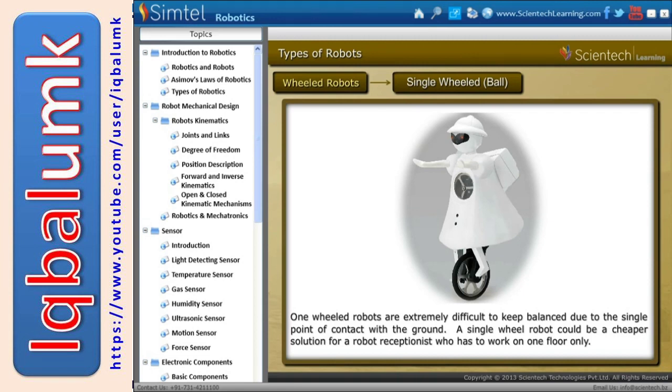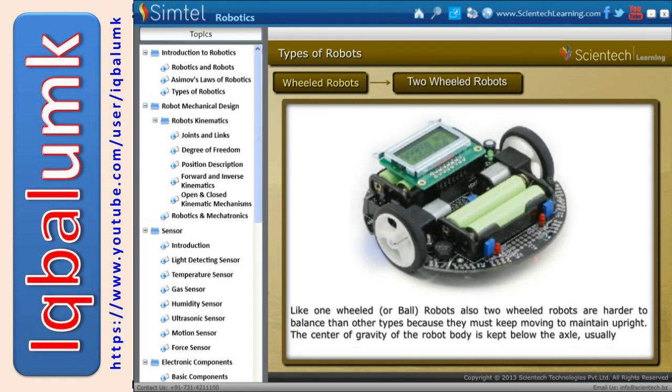Next is two-wheeled robots. Like one-wheeled robots, two-wheeled robots are also harder to balance than other types, because they must keep moving to maintain upright. The center of gravity of the robot body is kept below the axle. Usually this is accomplished by mounting the batteries below the body.